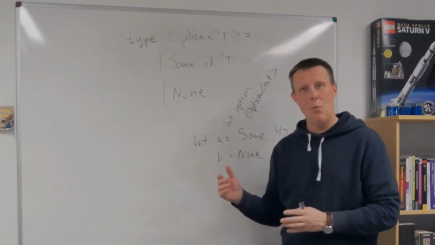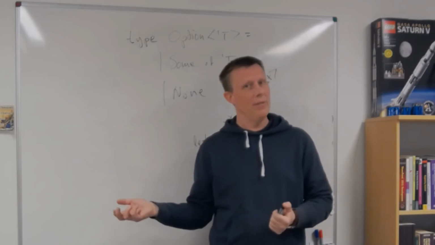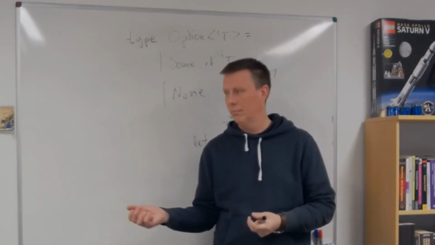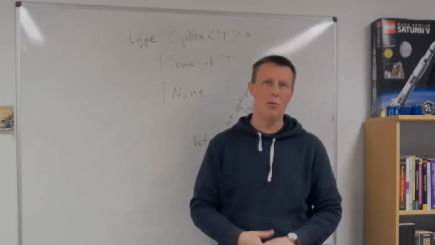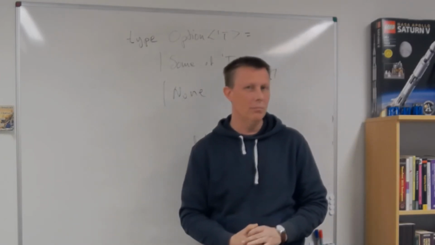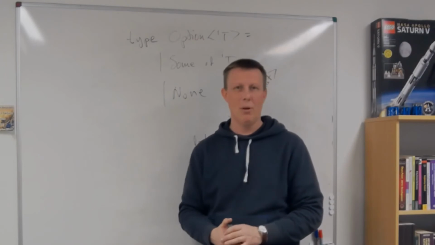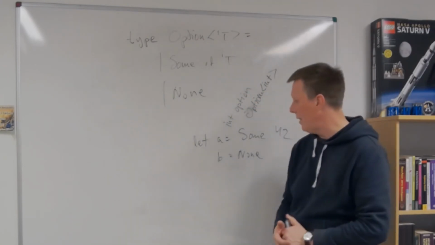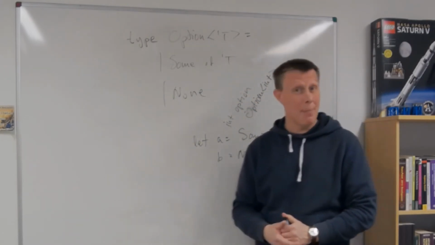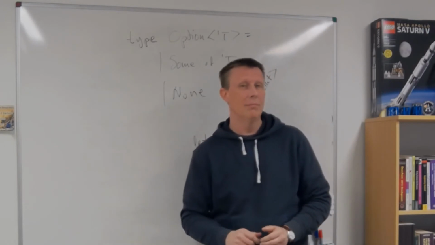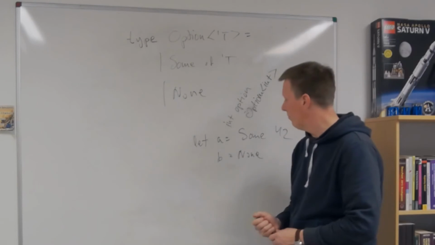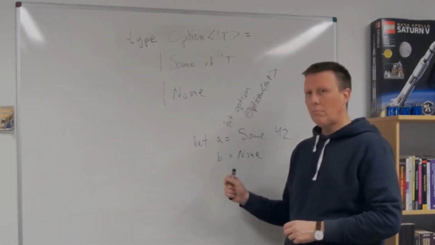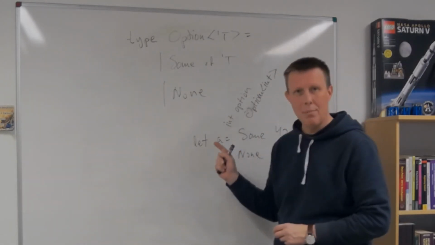So what should you return if you do the square root of a negative number? You can't return anything. You could return an error code, but that doesn't really work well with functions, because how would you do that? You can throw an exception. That's typically what things do. They throw an exception at you. Or you can return an option type.